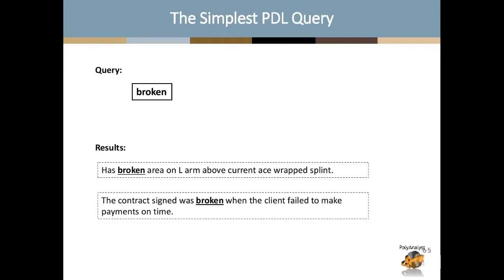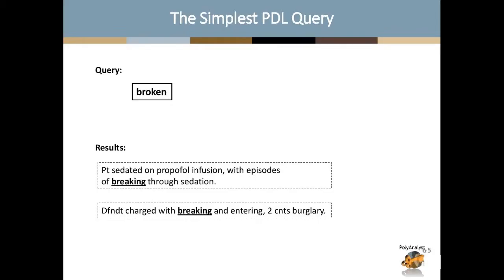So let's take a look at the most basic form of a PDL query. Just one word. For example, broken. If we use broken as our query, we'll find any piece of text that contains that word. Has broken area on L-arm, the contract signed was broken. However, broken will also match some more interesting text in our query.